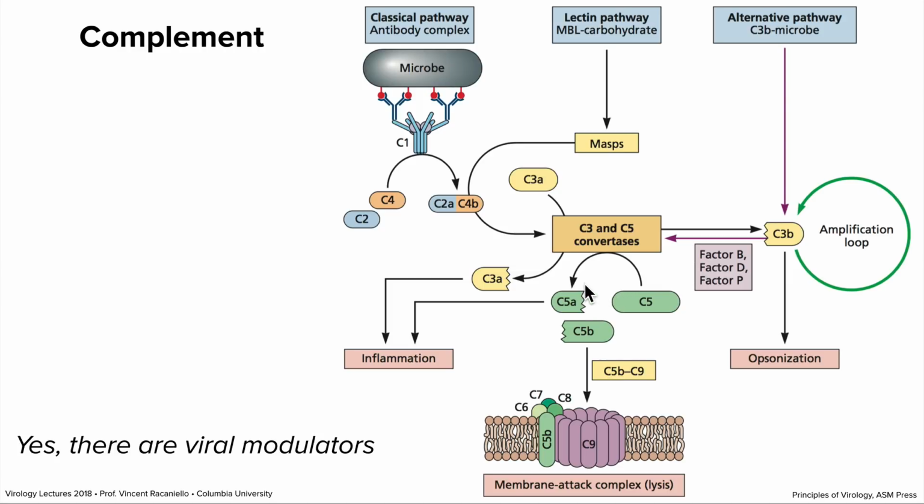Or it can lead to the production of proteins that make a pore in the membrane of an infected cell or a virus, and that lyses the cell. So if the microbe in question here were an envelope virus, it could be lysed by this series of events. Or if the antibodies were binding to the surface of an infected cell, this triggering of complement could lead to lysis.